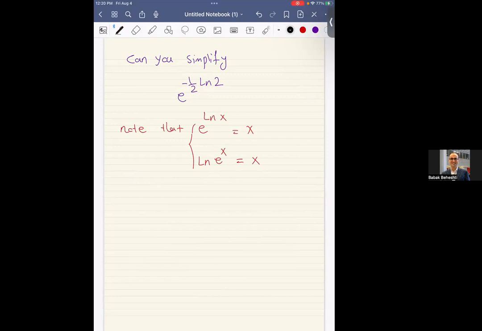Now I want to compute e to the power minus 1/2 ln of 2. So first of all, minus 1/2 ln of 2 is equal to 1/2 ln of 1/2, which is ln of the square root of 1/2, right?